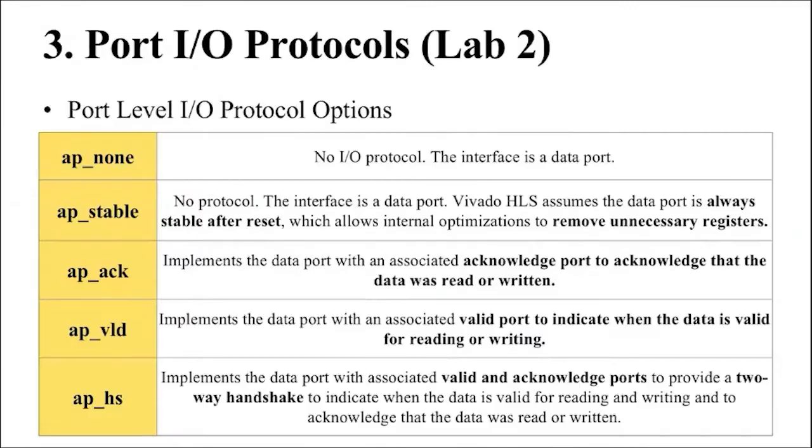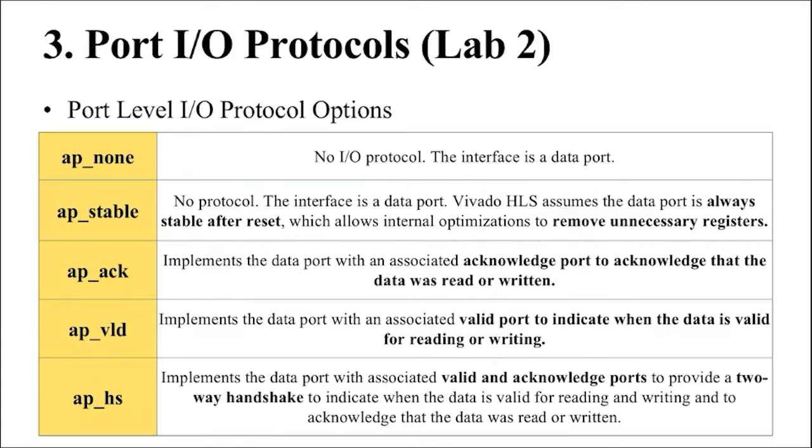And these are the options for port level protocol. And there are many of these, 9 of them. And we just introduced 3 of them, AP acknowledge, AP valid, and AP handshake, in this lab.